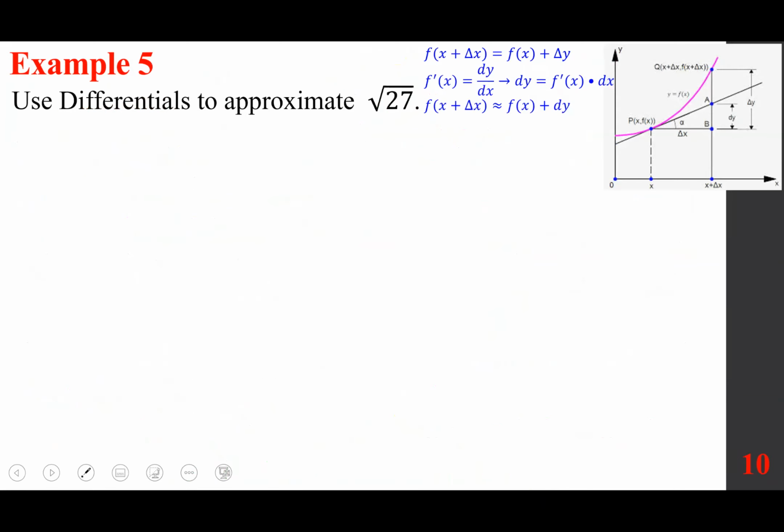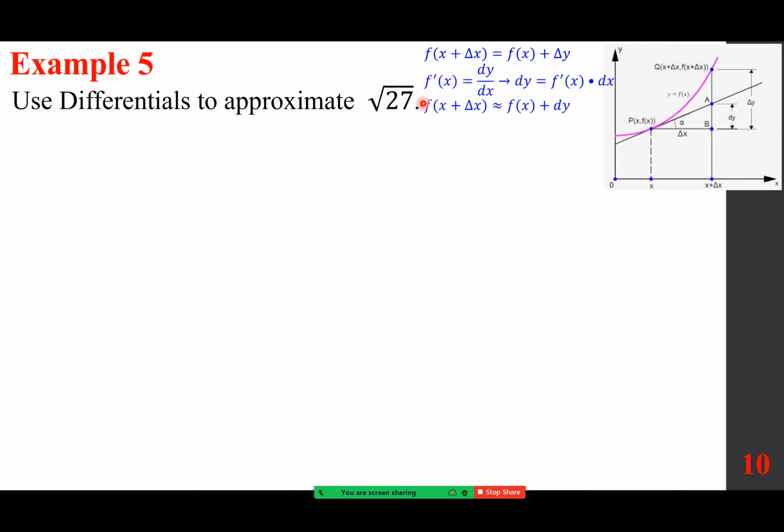What about square root of 27? Well, again, we want a function and we want a number very close to it that we can easily calculate. So the function is, all you have to do, read it. What are we looking for? Square root of 27. So f of x is square root of x. So what do we want? A number.